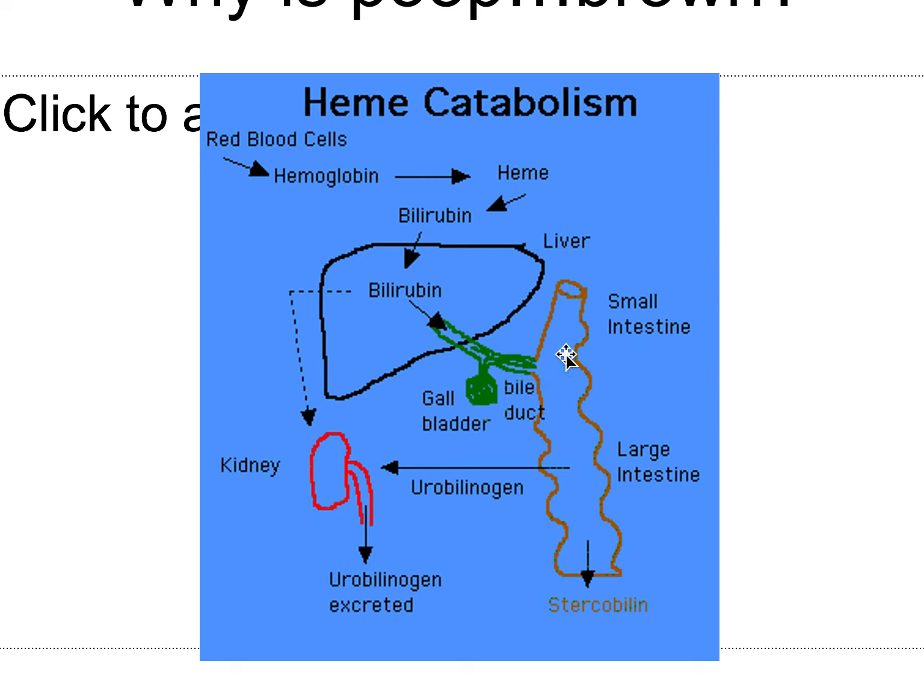And as chemical things happen to the bilirubin that cause it to change, some of it becomes urobilinogen and leaves through the kidneys, but the rest of it becomes a compound known as stercobilin. And stercobilin is a brown compound. So the reason your poop is brown is because of this guy right here, stercobilin, a compound that's left behind in the process of poop processing.